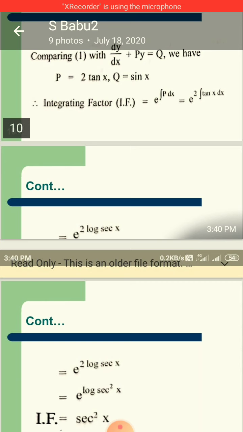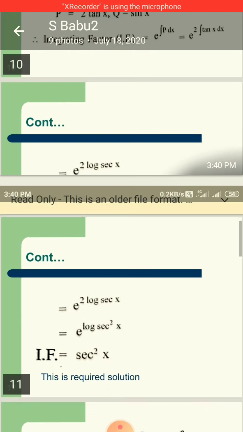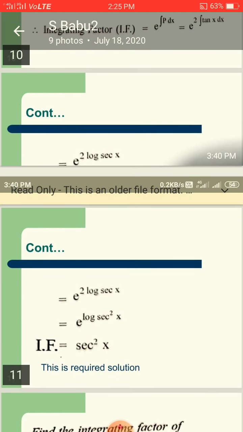Then simply we get e power 2 log secant x. This constant 2 can be placed as the power of secant x. Then e power log secant square x.